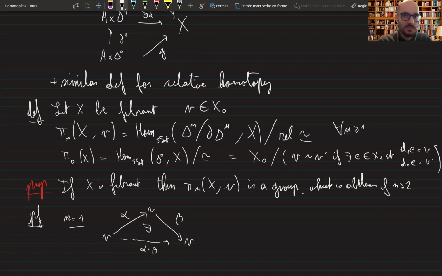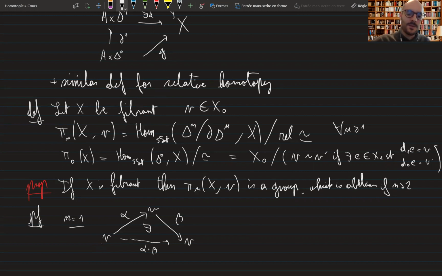For higher π's, nothing good comes out of it; you would need to take a fibrant replacement of X. For π_0 you can take the generated equivalence relation, and it works. In general, for π_n, nothing good. You have to take a fibrant replacement. But anyway, I only define it for fibrant stuff. This way I don't have an issue.